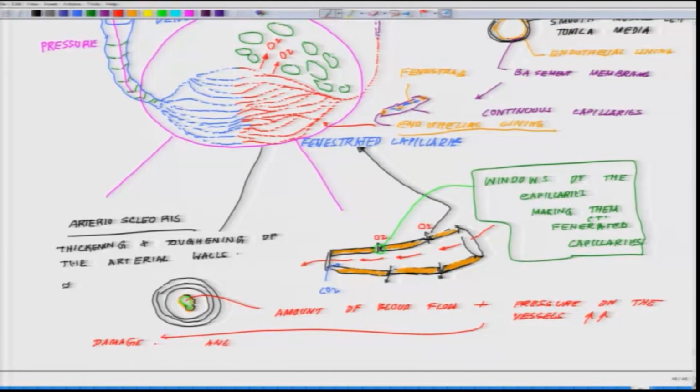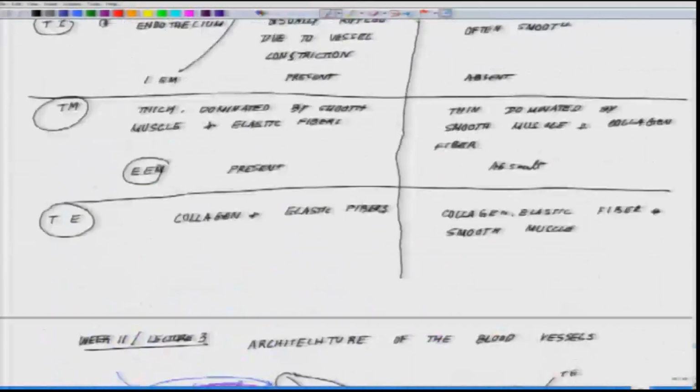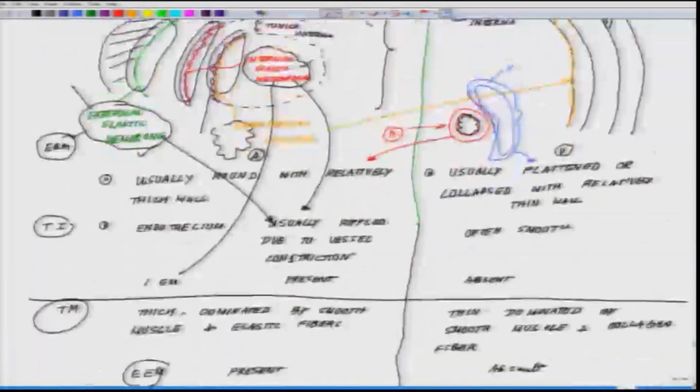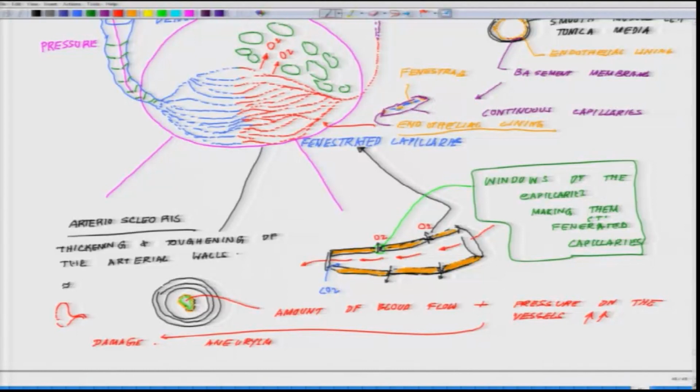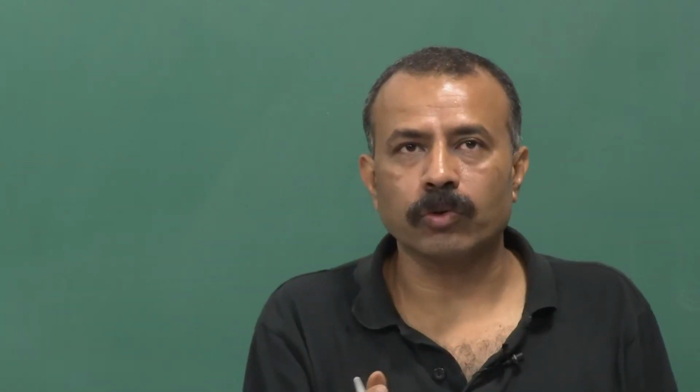Sometimes it may even lead to something called an aneurysm, where part of the vessel does something bizarre. Part of the vessel all of a sudden becomes twisted like this. This is a classic case of aneurysm, and it may lead to damage of the vessel because of the unusual kind of movement the blood has to go through.